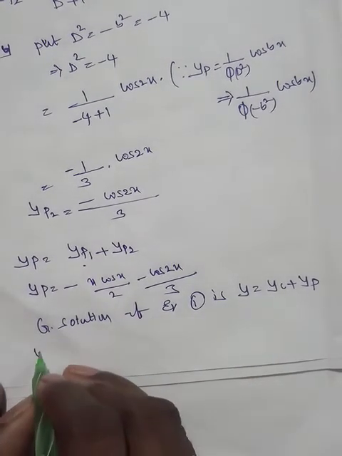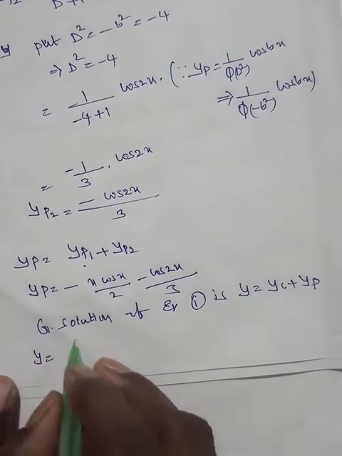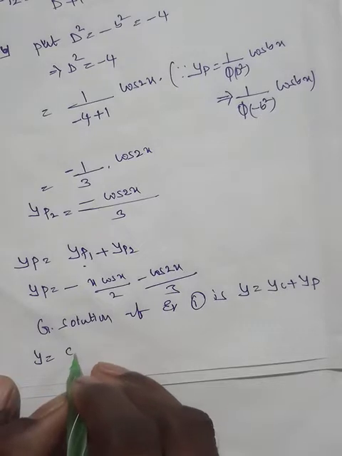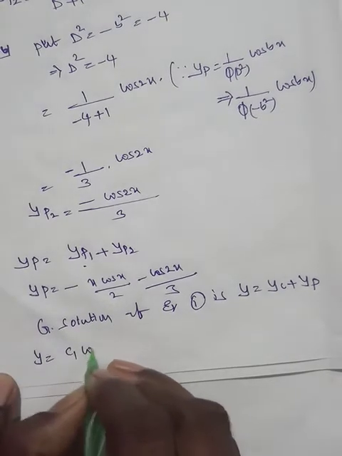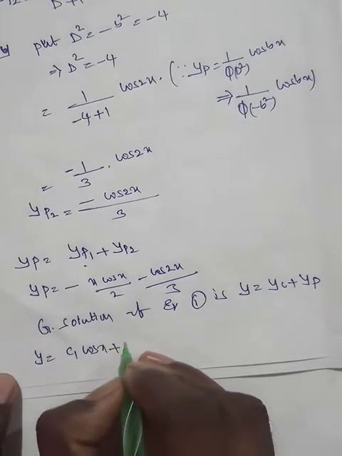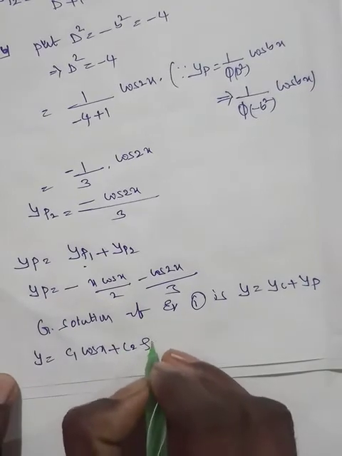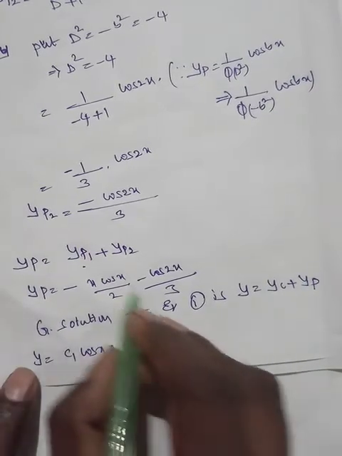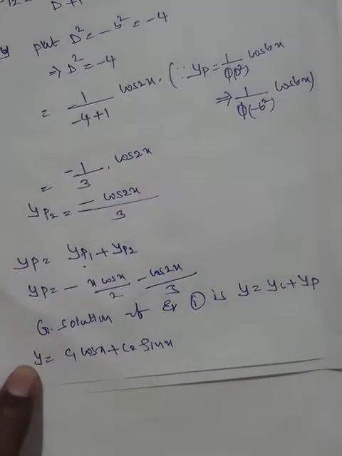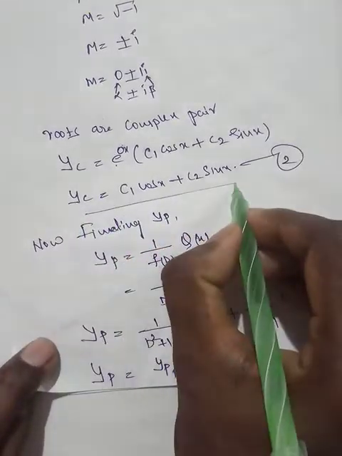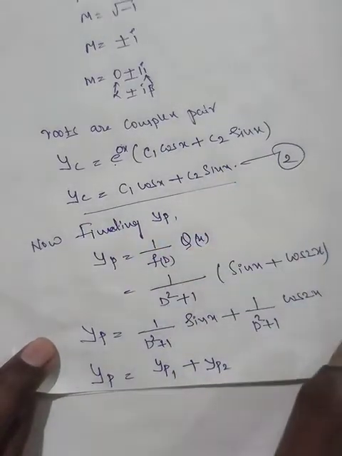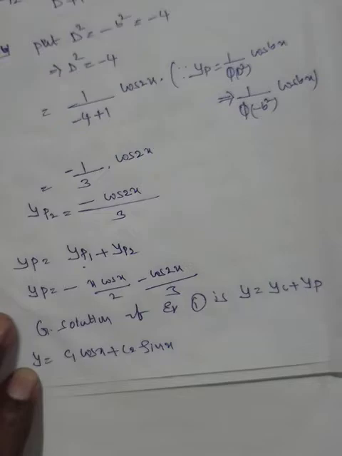So here I am writing the solution. Finally y equals c1 cos x plus c2 sin x, that only, right? We got this in the first page. See, this is our yc, c1 cos x plus c2 sin x, right?